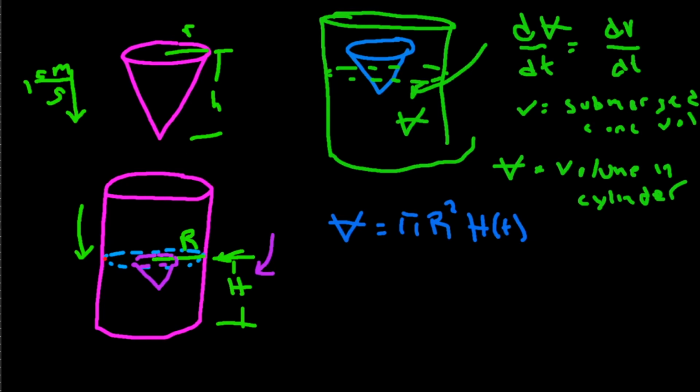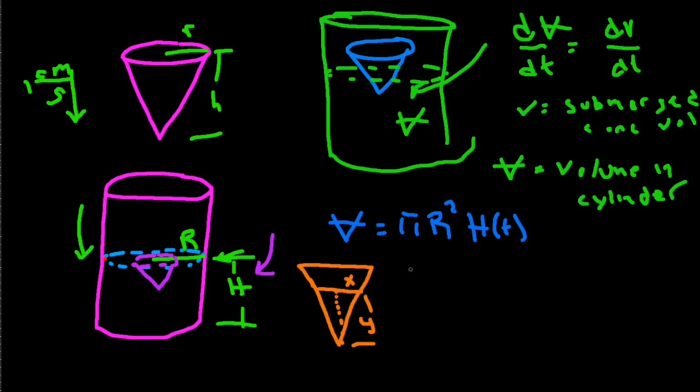Now for the submerged part of the cone, the radius and the height are changing over time. So at any given time, let's look at a cross section of the circular cone here, and let's just choose a random spot of fluid. So let's say that the fluid line is right here at some given time. We know that the height at that point is y, and the radius is x.